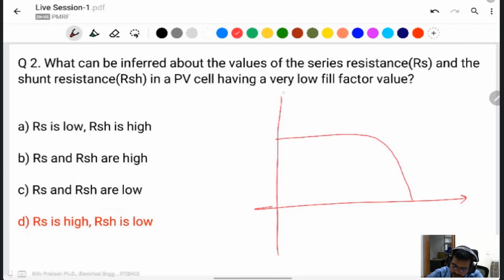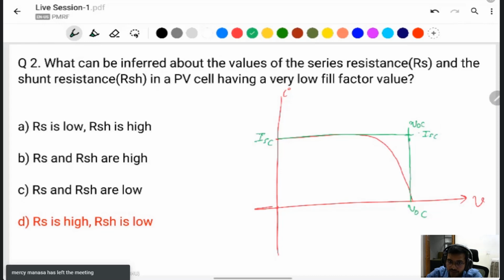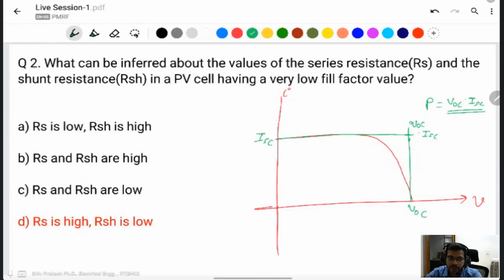This is the IV characteristic, with short circuit current and open circuit voltage. If you want to find the power, multiply VOC into ISC, which is the maximum deliverable power of any solar PV. But you do not get this much power.